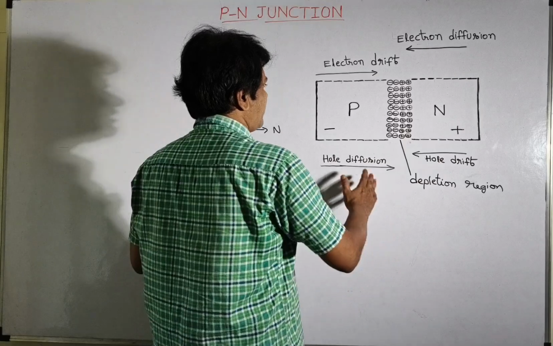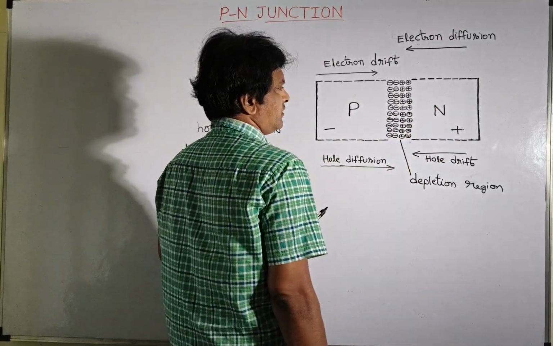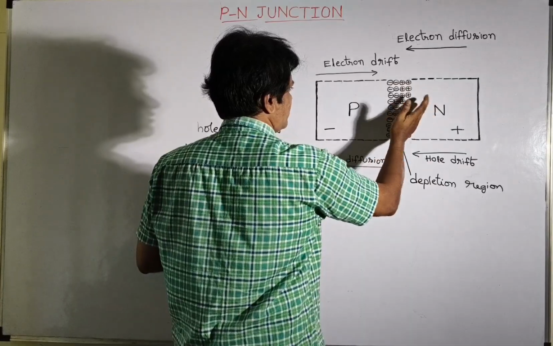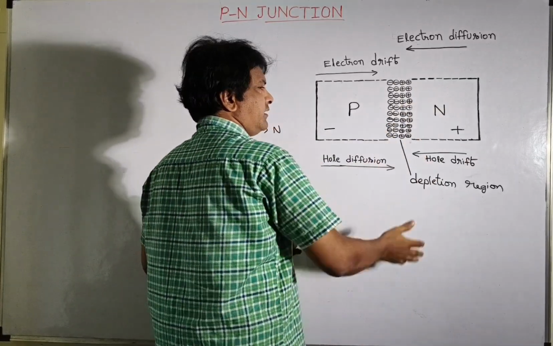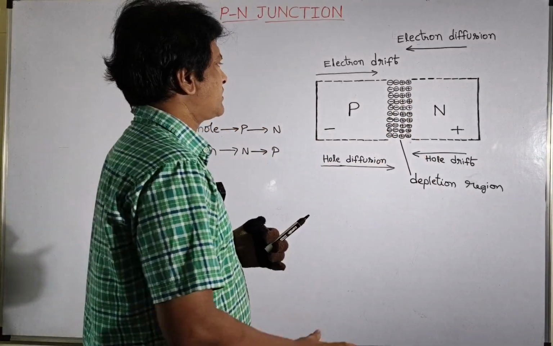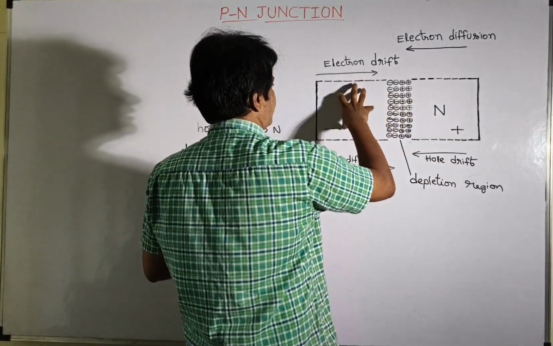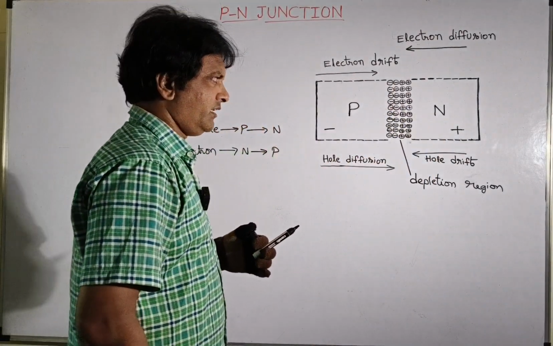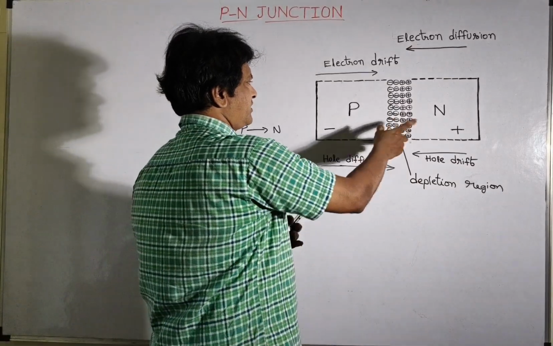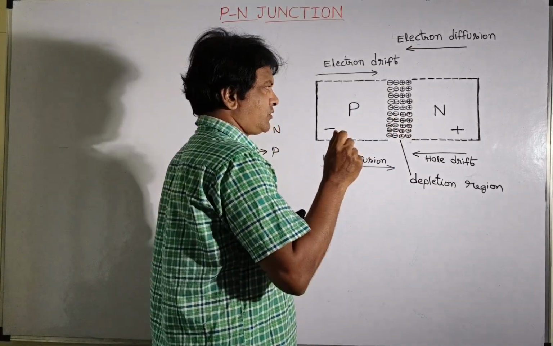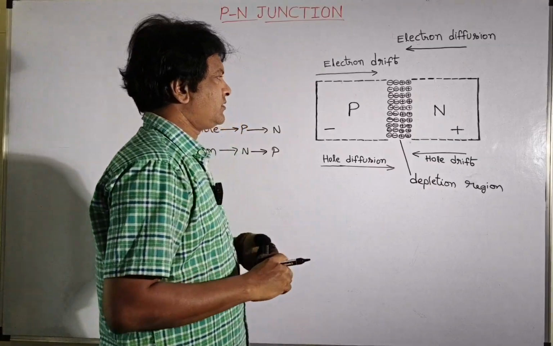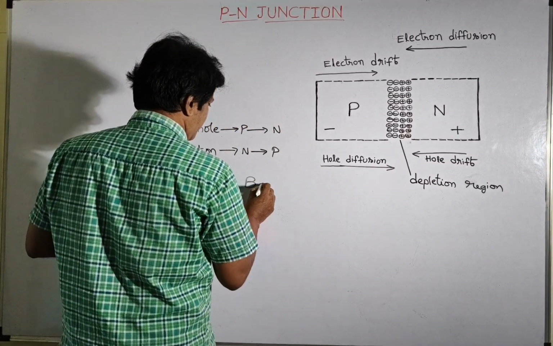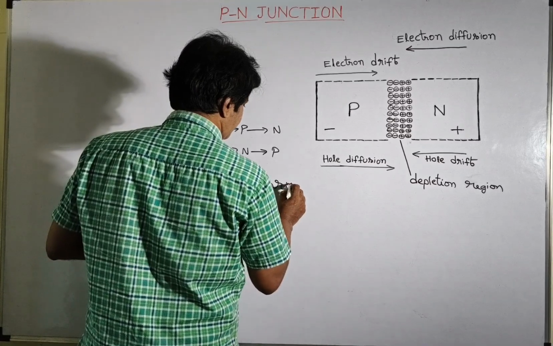So for the further moving of holes, once this is a positive charge, this repels the holes coming to that side, and the accumulated negative charge on this side stops the further electrons coming to the p side. So the potential difference developed actually stops the further movement of electrons and holes. So that potential is called barrier potential.